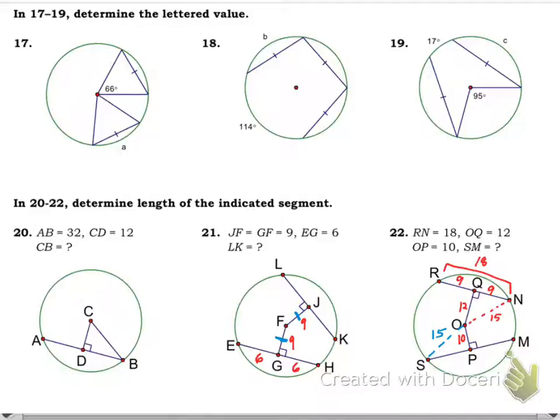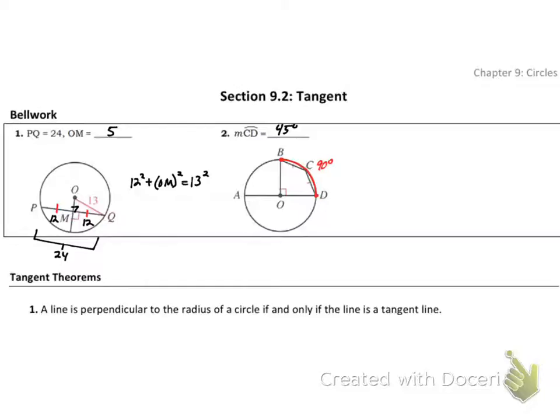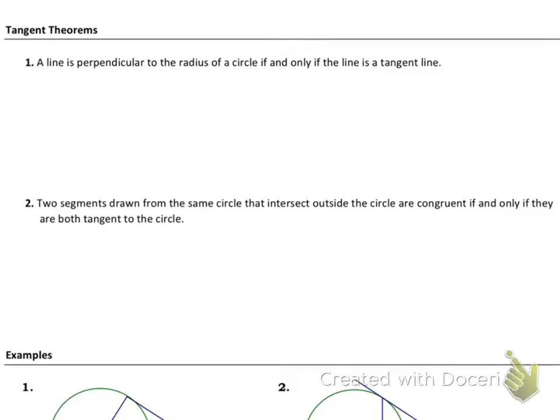Okay, so let's go ahead. This is a quick lesson, just some huge concepts that will get you through all of that homework. It's just two big things. The first one says the line is perpendicular to the radius of a circle if and only if the line is a tangent line.